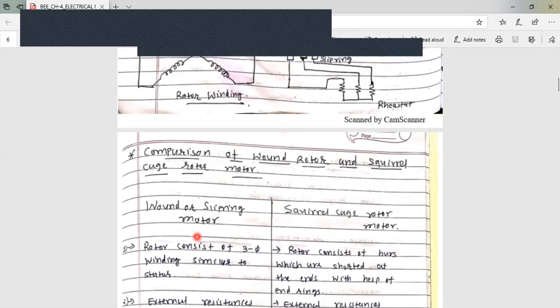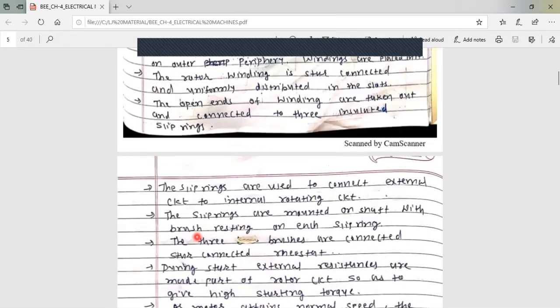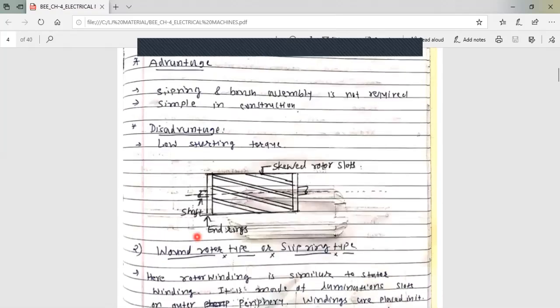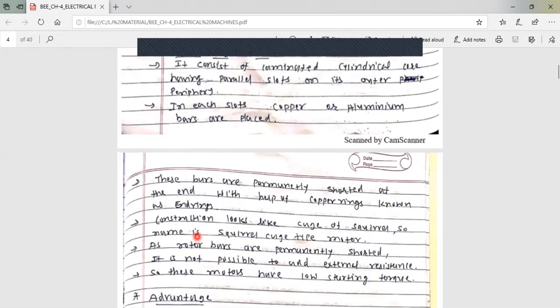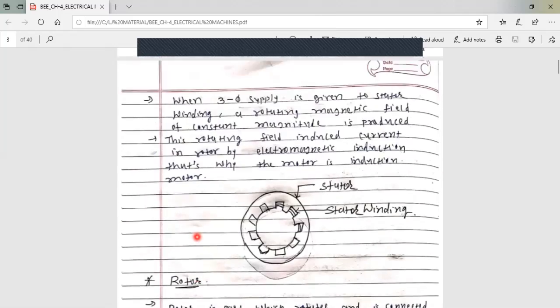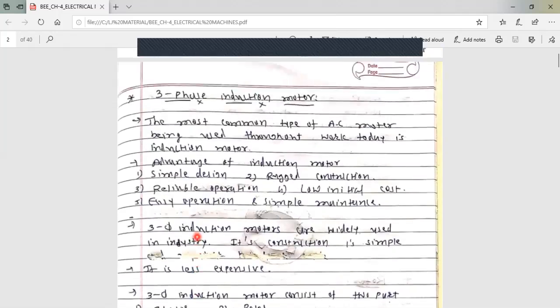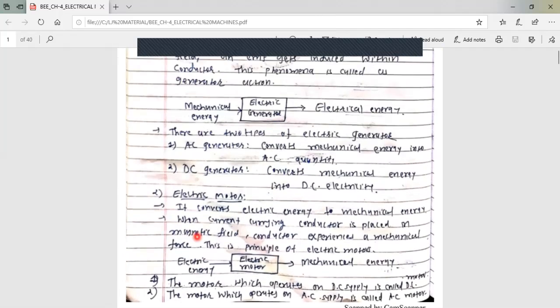See, again I revise the main components or main points related to this discussion, this topic. Here we started with the types of machines.